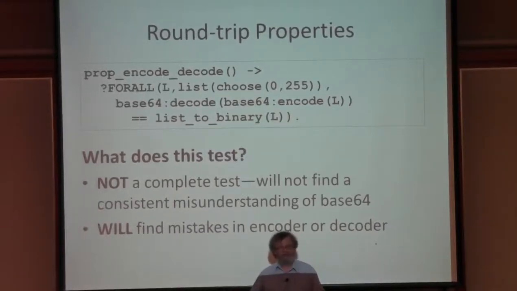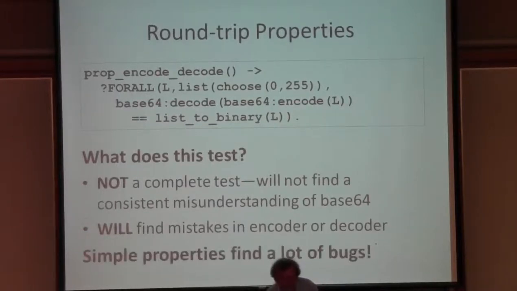And most such mistakes would not be revealed by the 4-test test suite, but they are guaranteed to be revealed by this property, given enough testing time. So a useful lesson from this is that although this isn't a complete specification at all of base 64, it's a very useful test property, and it can find a lot of bugs.